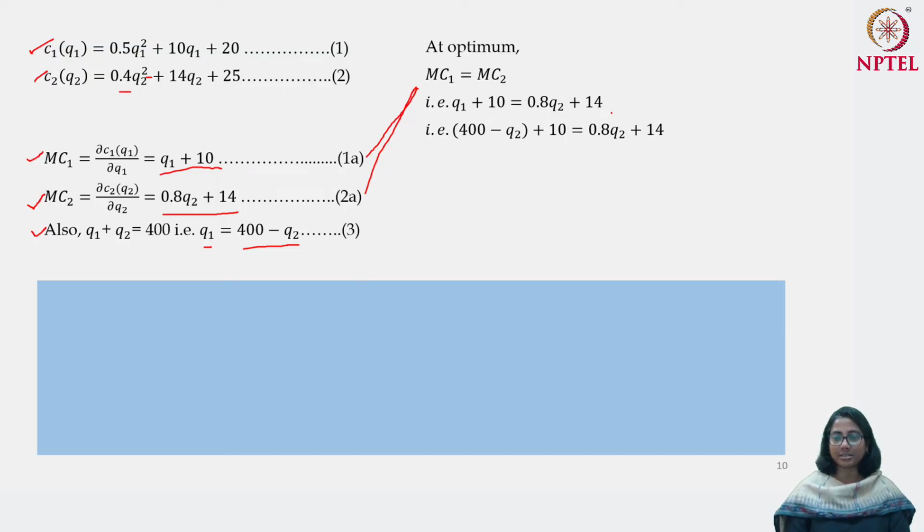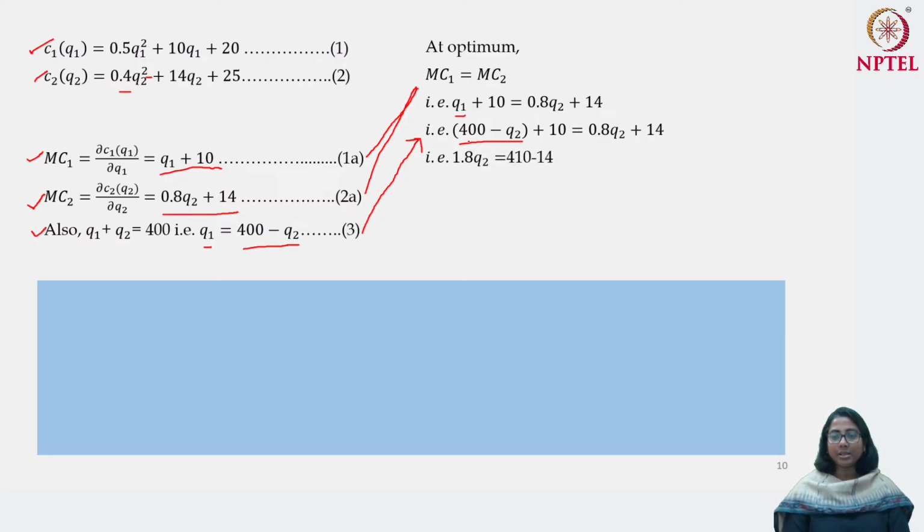This is the relationship between Q1 and Q2. Now I am plugging this relationship, Q1 equal to 400 minus Q2, here. So instead of Q1, I write 400 minus Q2 plus 10 equal to 0.8 Q2 plus 14.